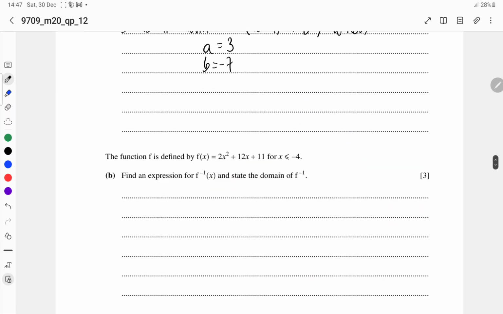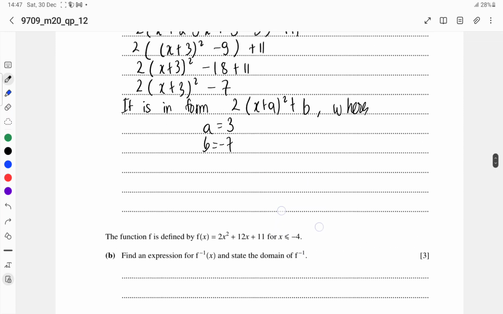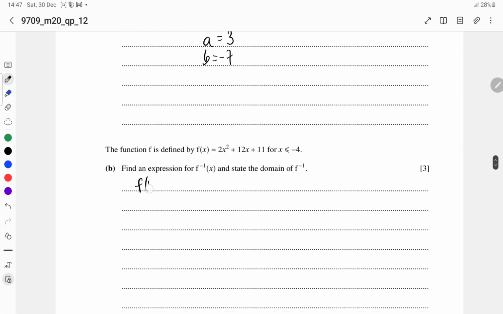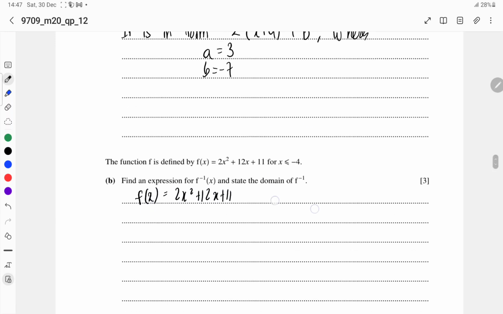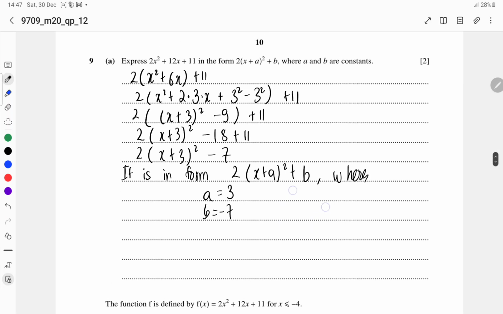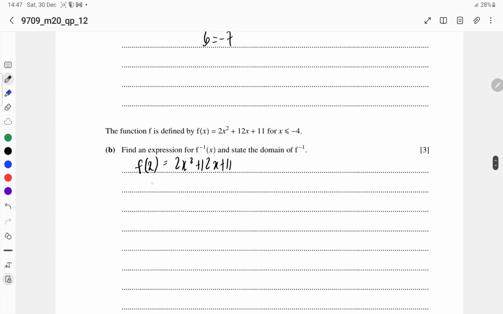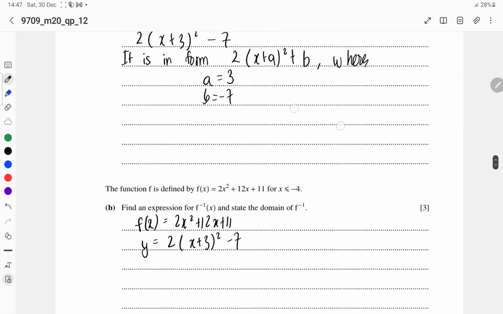And now the function is defined for x less than or equal to negative 4. We need to find an expression for f inverse x, and we need to state the domain of f inverse x, right? So the domain is going to be simply the range of this function. For f inverse x, we can write f(x) equals 2x square plus 12x plus 11, right? We just express this in the form of 2 times x plus a whole square plus b, so we can write it simply as y equals 2 times x plus 3 whole square minus 7, because this is what we found in the previous question.